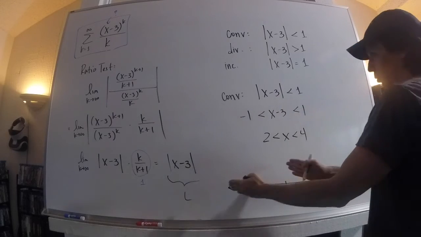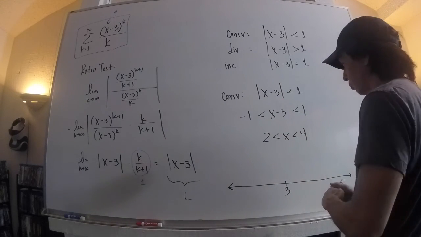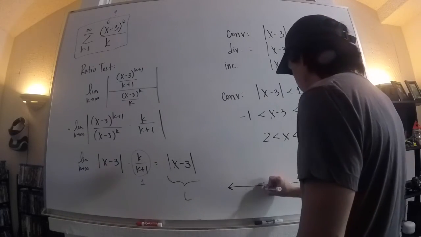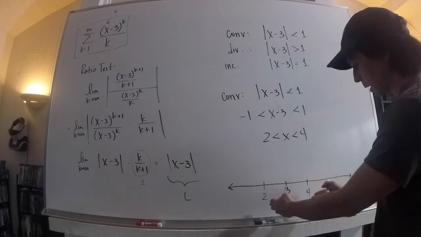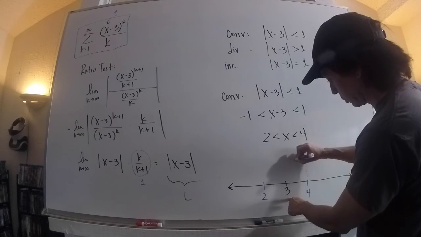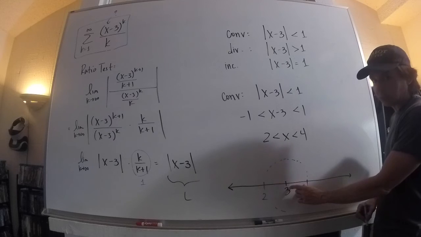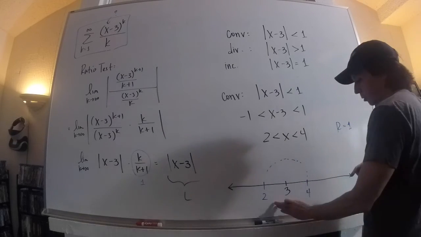The whole thing is shifted to 3 as a center, and I know that it's going to converge between 2 and 4. That's my interval of convergence, and for the radius, you start at 3 and draw a circle with a radius of half the interval length, so the radius is 1. The radius of convergence.